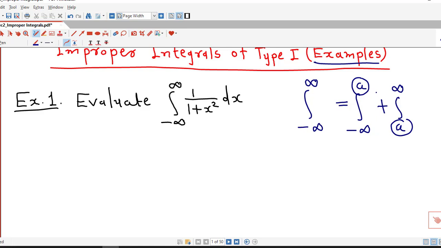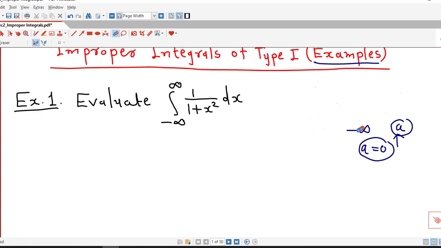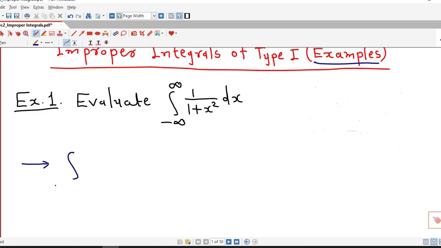We can take any real number for this a. Here, for simplicity, we consider a equal to 0. So first we write this integral as a sum of two improper integrals of type 1.